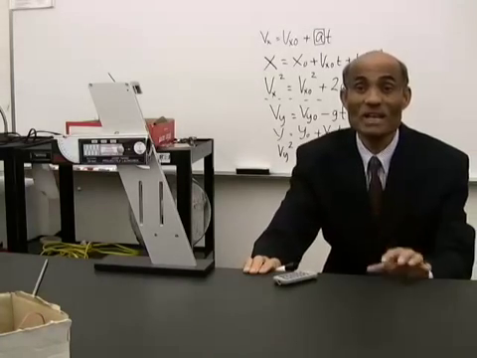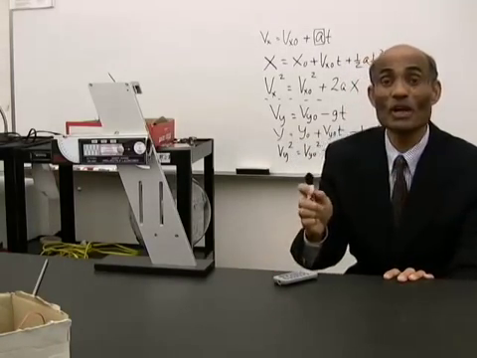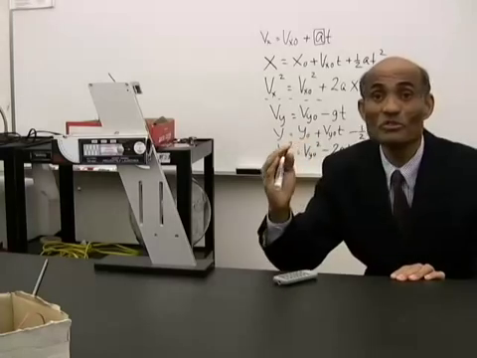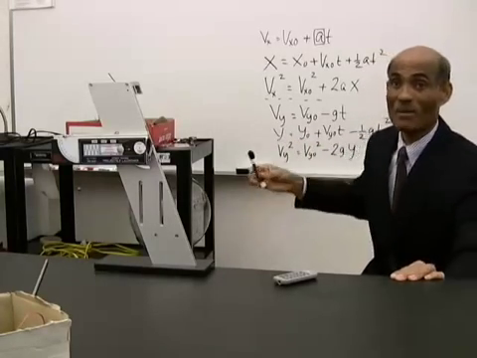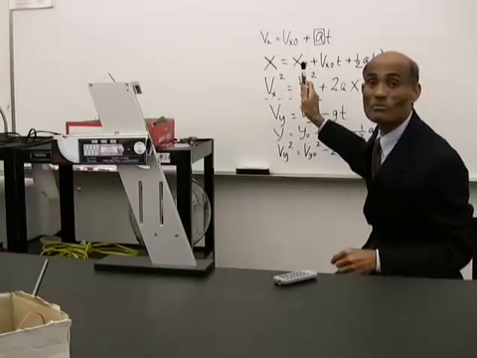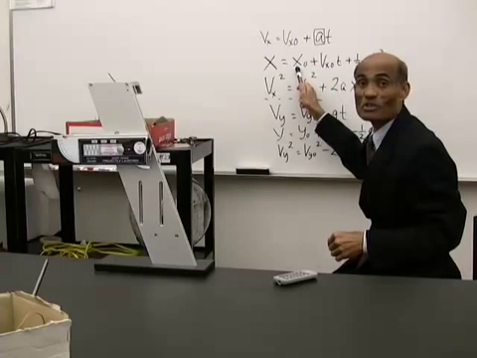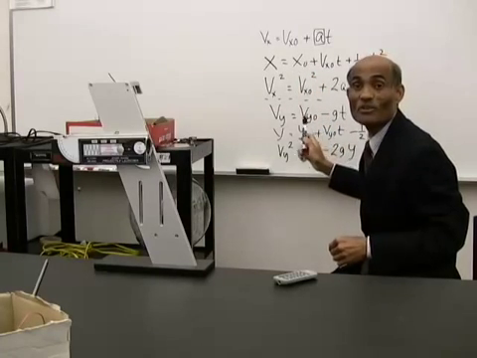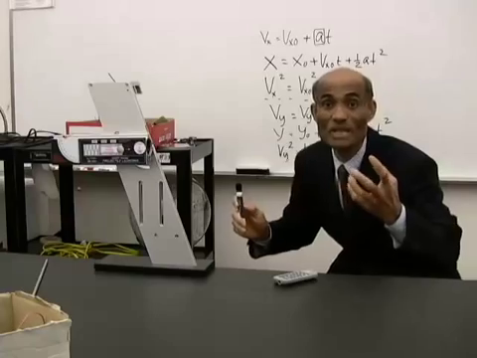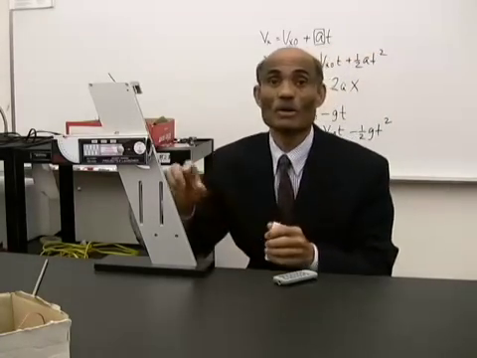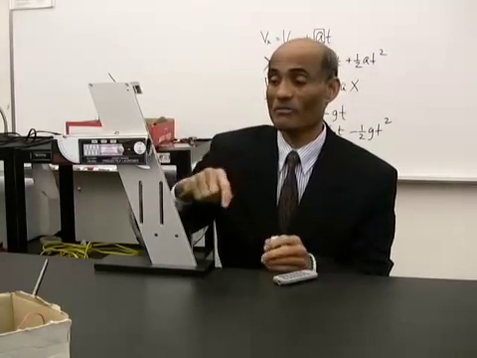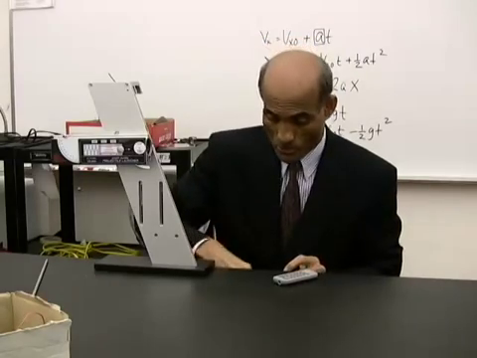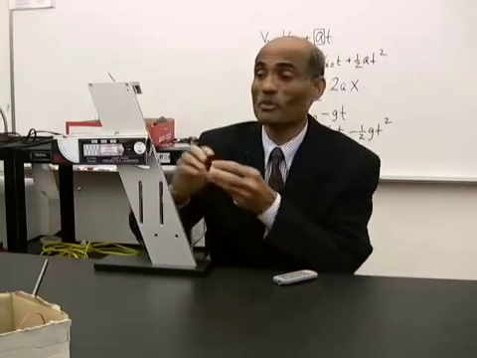Well, in this lesson we are going to look at motion in two dimensions. That means an object will be moving in the x direction as well as in the y direction simultaneously. Now, look at the gun I have here. I can actually project a ball from this gun.